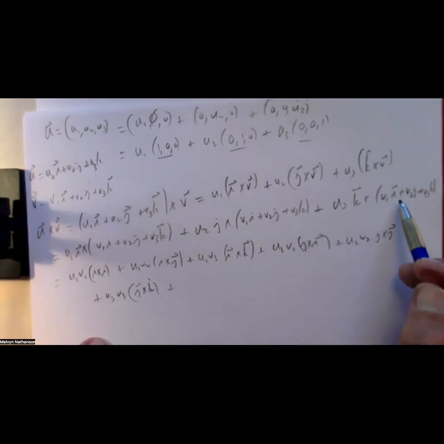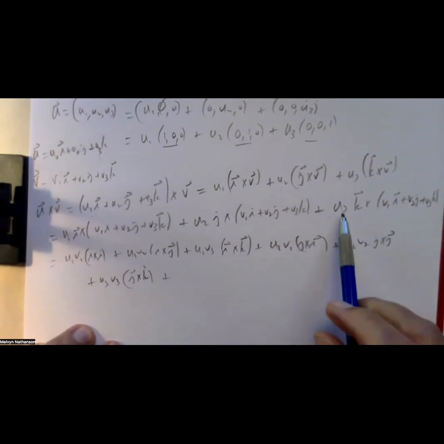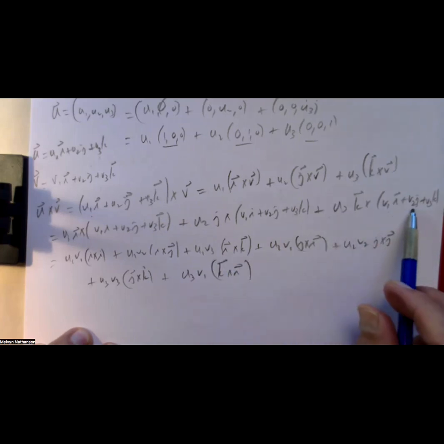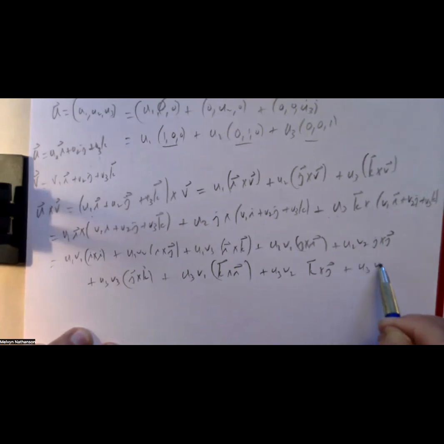I expand this again by the distributive law. I get u3 v1 k cross i, u3 v2 k cross j, and u3 v3 k cross k.